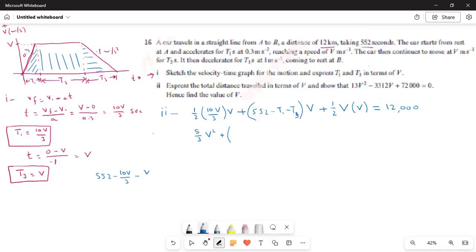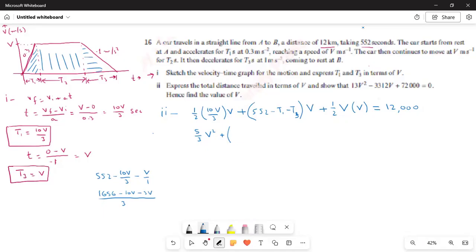If I take the common denominator 3, 552 times 3 would be 1656, minus 10v and minus 3v.